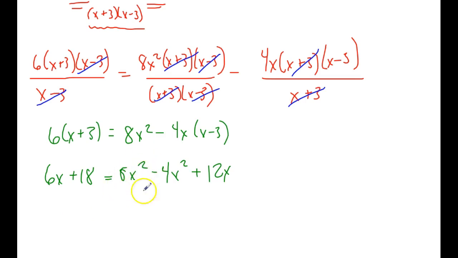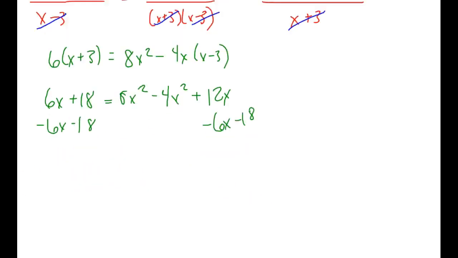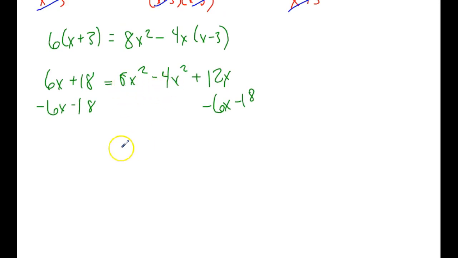Now I see I'm going to have a quadratic, so I want to make sure everything gets to one side. So I end up with my 8x squared minus 4x squared gives me 4x squared. 12x minus 6x is plus 6x minus 18.